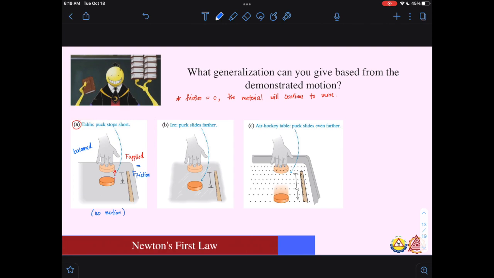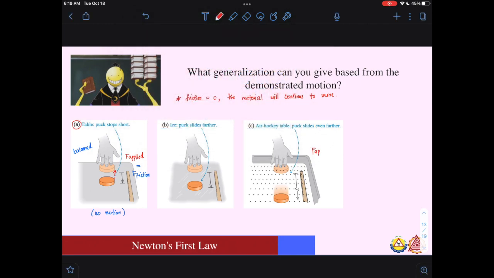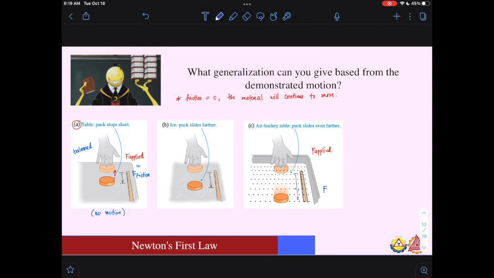But once you have set this already in motion, just like in case C, once it is moving, let us put F applied and F friction, the force due to friction. So in case C, to distinguish it from case A, it is already moving.